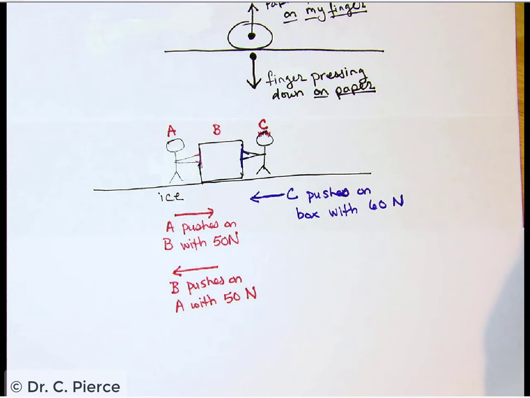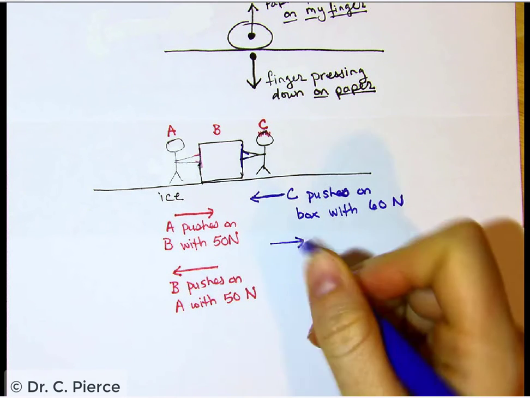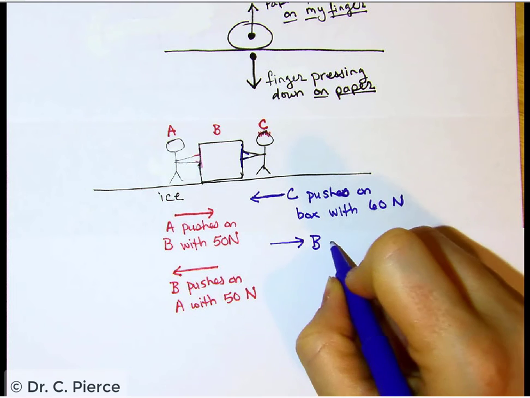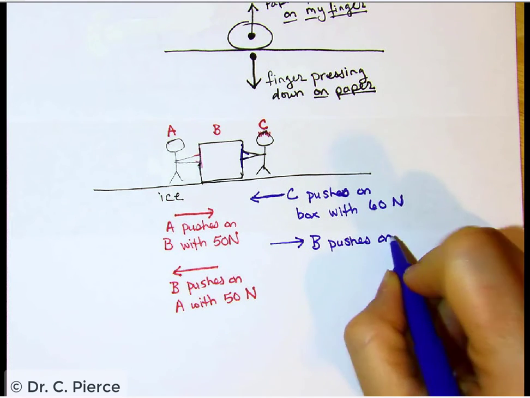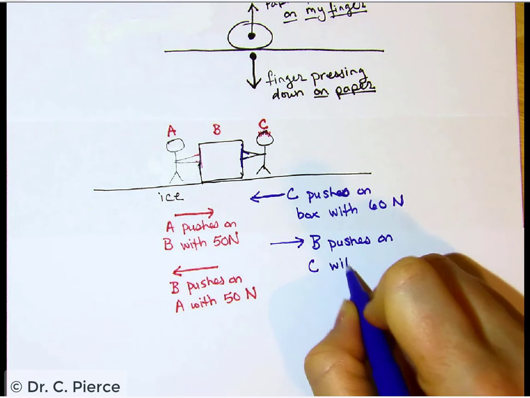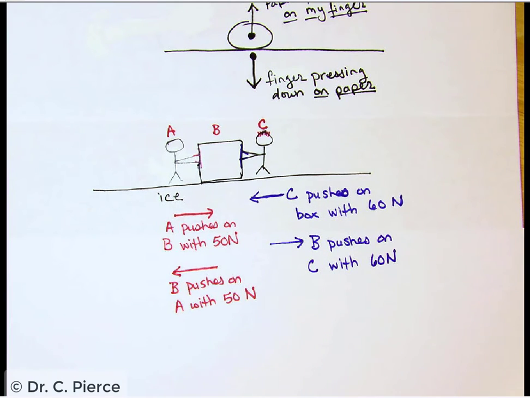What that means then is the box is also going to be pushing back on me with 60 newtons, just by Newton's third law. So we've identified these pushes between these three objects. I'm ignoring the floor right now.